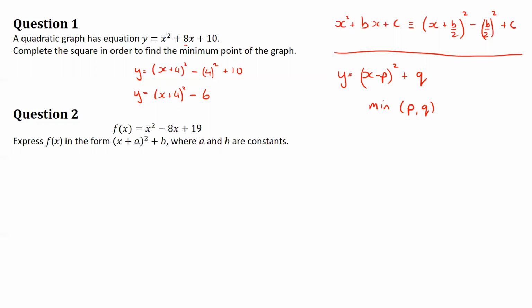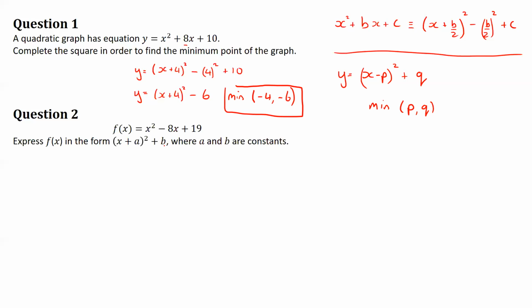So just be aware that the p has actually changed sign, and the q is just the same as whatever sign it was here. So here it's positive, so it's positive. So in this case, my minimum point, or the turning point, will be given by (-4, -6). So that's the very bottom part of my graph, and that'll help when we come to sketching.